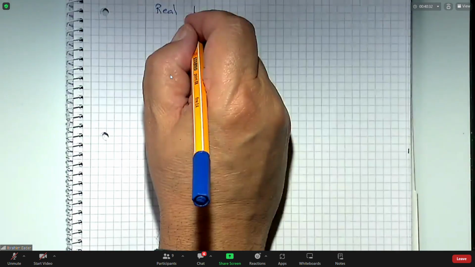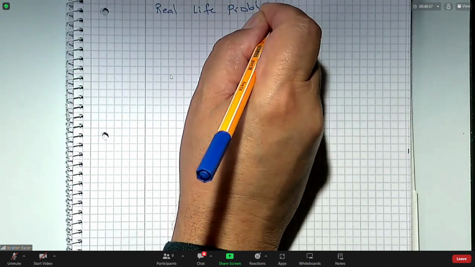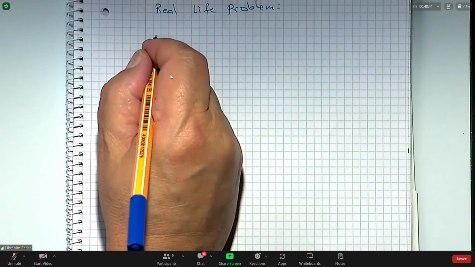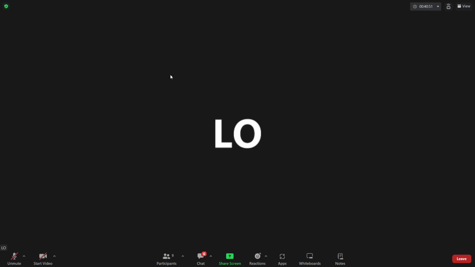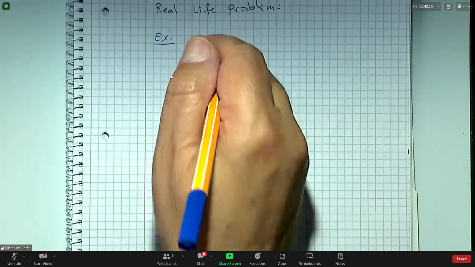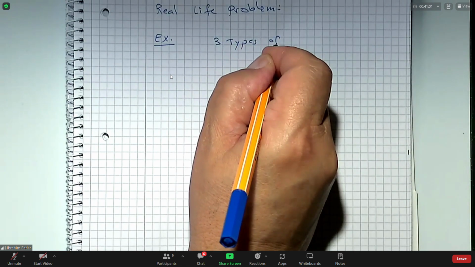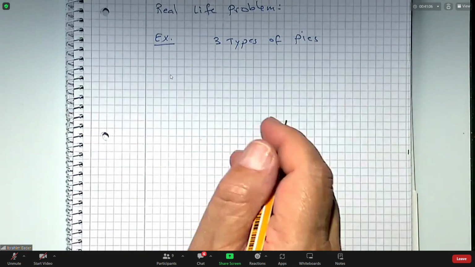So, a real life problem. For example, imagine you have a bistro or a shop that is selling 3 types of pies or sandwiches, whatever.